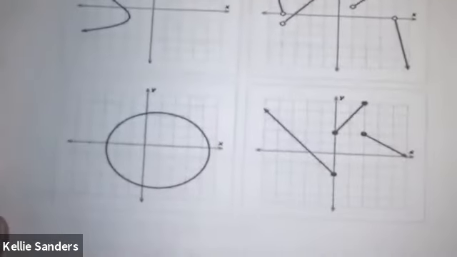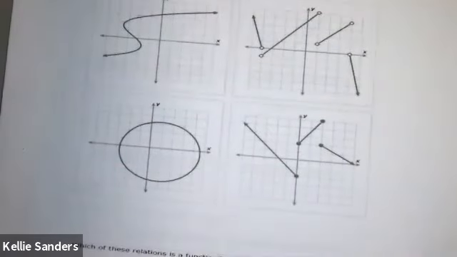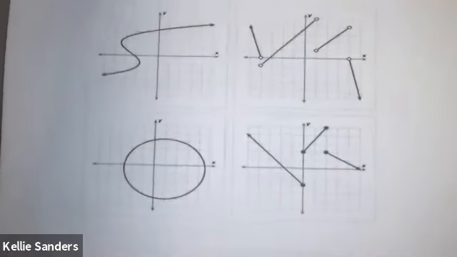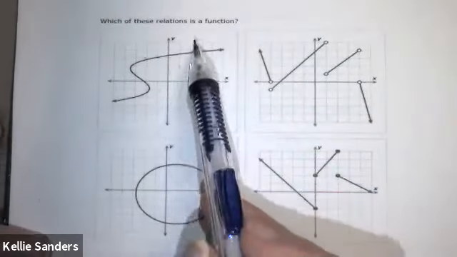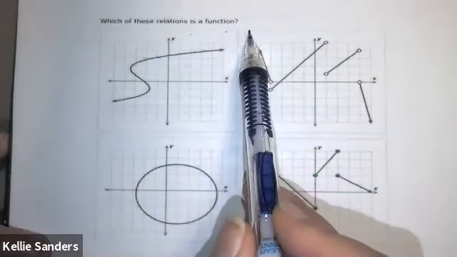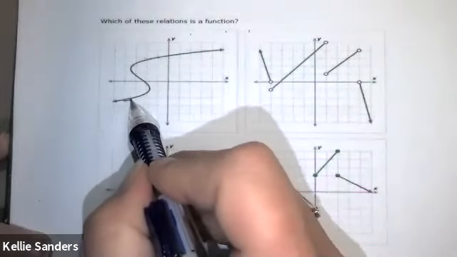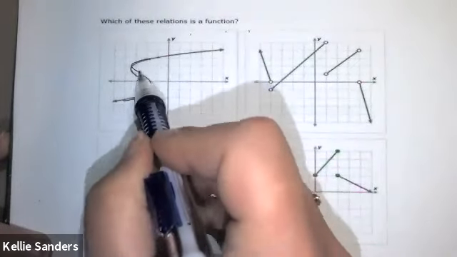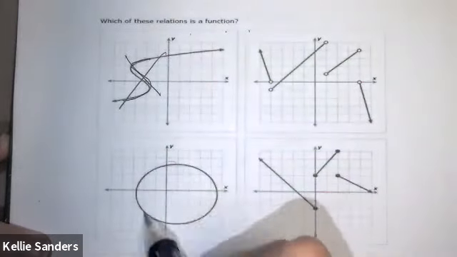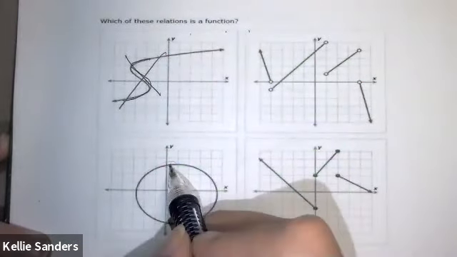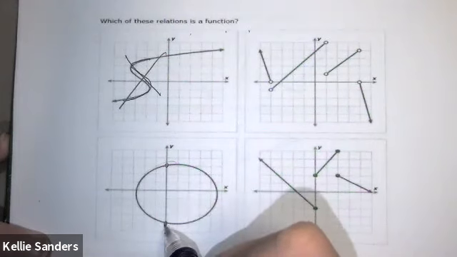Okay, on this one, it says, which of these relations is a function? See how this loops back in right there? This is not a function. Circles, we've already determined a circle is never a function. This vertical line right there goes through it twice.